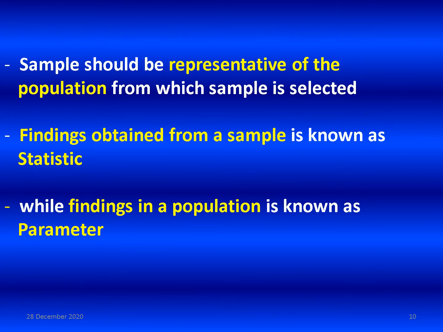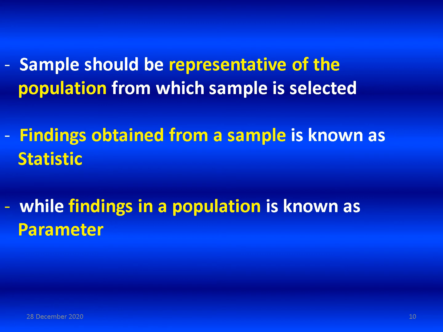Sample should be representative of the population from which it is selected. If it is not representative of the population, it will be known as a biased sample. Understood?